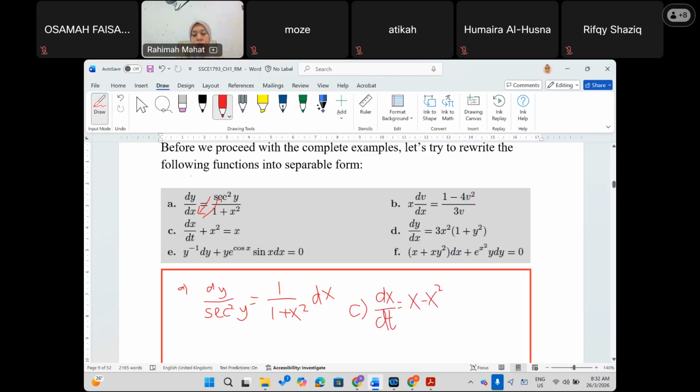Then you can separate: 1 over (x minus x squared) dx equal to dt. That is for C. You can try the rest, B, D, E, F, on how to do the separable form.